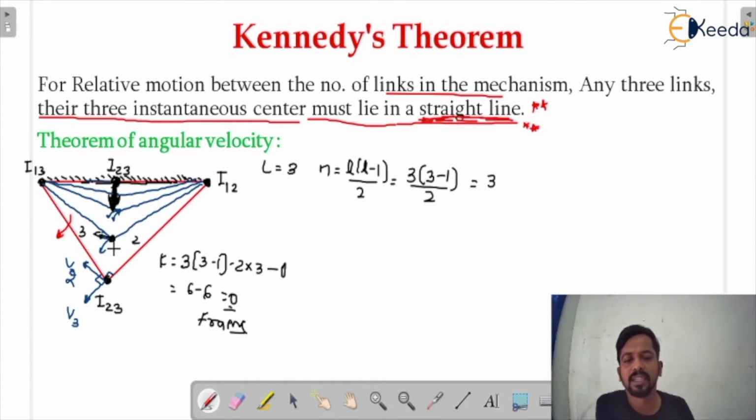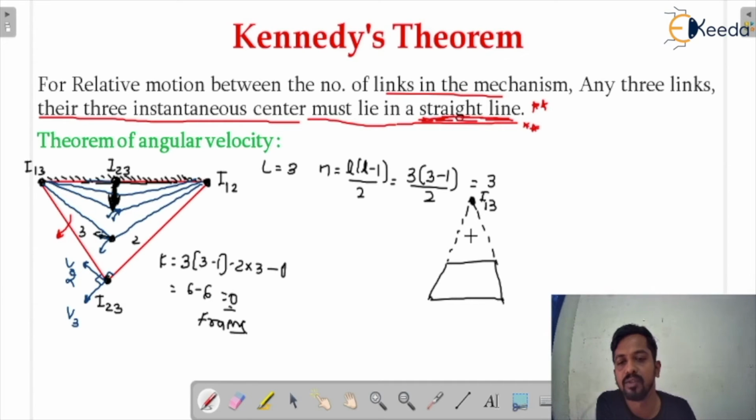And we have already discussed the 4-bar chain mechanism, in which I told you how you draw the instantaneous centers. Here you can see the instantaneous center I13, and that is I23, and that was I34. We already discussed this example in the last video.